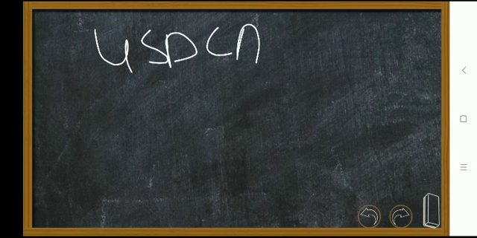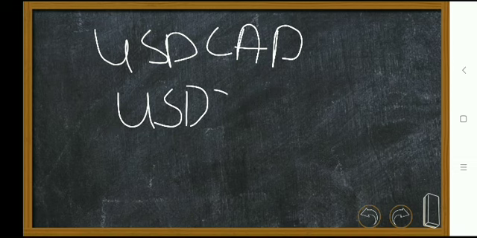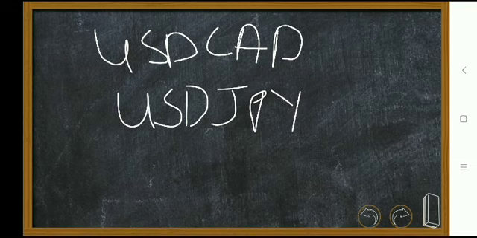USD CAD will not have the same value as USD ZAR. Let me not use ZAR because I haven't given an example on it. Let's just say USD JPY. You might find that for a mini lot size of 0.10, the pip value for USD CAD is 0.91.